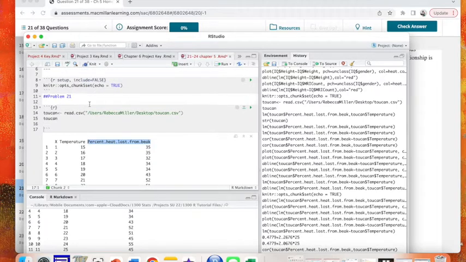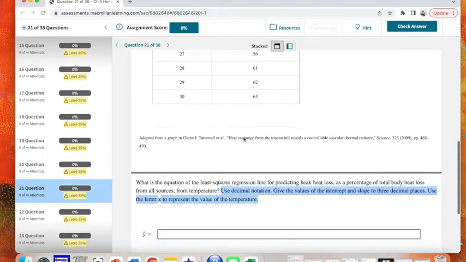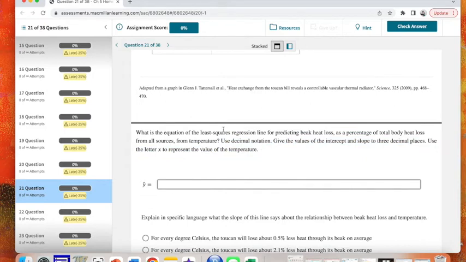So for problem 21, the question was, we want to find the equation for the least squares regression line for predicting beak heat loss from temperature. So temperature is going to be our x, and heat loss from our beak is going to be our y.